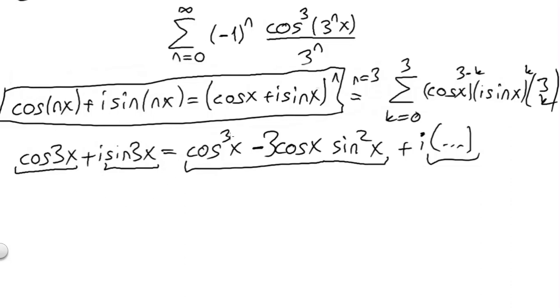So now I can just leave cosine cube x alone, because it's what I want. Cosine cube x is equal to cosine 3x plus this stuff. And for this stuff, maybe I can get rid of this sine squared by saying sine squared is just 1 minus cosine squared. And I can group them, and I will get another cube.